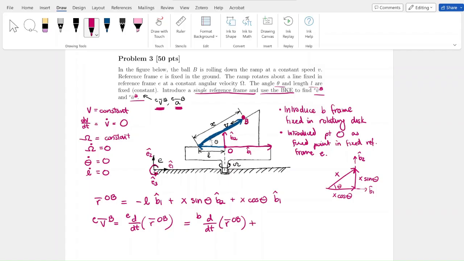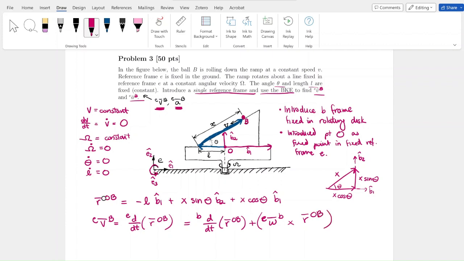And then we add the angular velocity of the B frame with respect to the E frame. This is all with respect to frames, not with respect to the point. So that's why our angular velocity is in terms of the B frame with respect to the E frame. So that's why we don't put a capital B here. That's incorrect, because the angular velocity is the angular velocity of the frame. Then we take that and cross product it with the original vector, ROB.